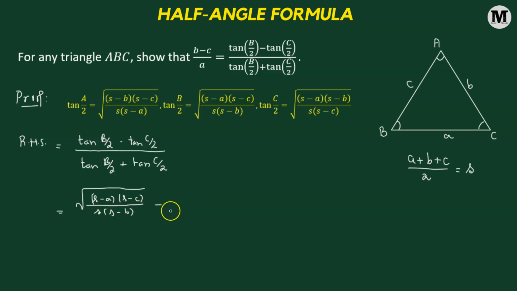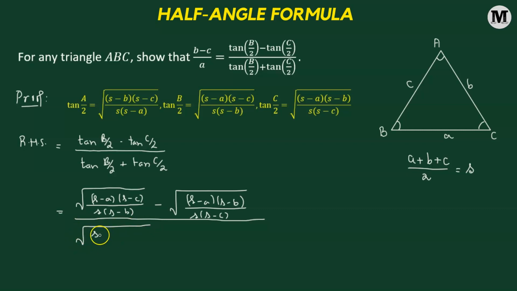Tangent of C over 2 is given by the square root of (s minus a)(s minus b) divided by s(s minus c). This is divided by the square root of (s minus a)(s minus c) over s(s minus b), added to the square root of (s minus a)(s minus b) over s(s minus c).